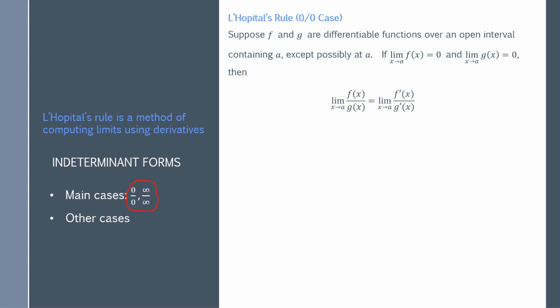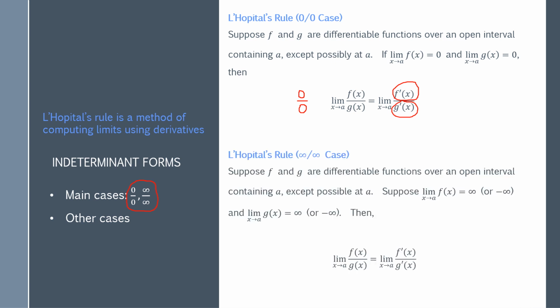Then, if the individual limits as x approaches a of the functions f and g are 0, that is, we have 0 over 0 form, then what we can do to compute this limit is take the derivative of f, take the derivative of g, and then take a look at that limit instead. Notice we do not do the quotient rule, but rather we just take the derivative separately and evaluate this new limit.